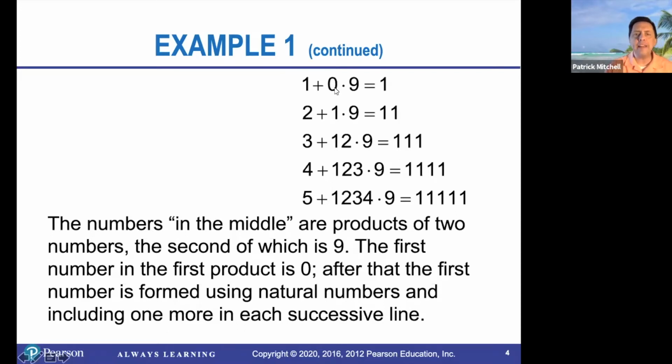And after that, the number is formed using natural numbers and including one more, tacking on the next natural number as the newest digit. So it goes 0 and then 1 and then 12, attaching a 2 on there, and then 123, attaching a 3, and then 1,234, attaching a 4.